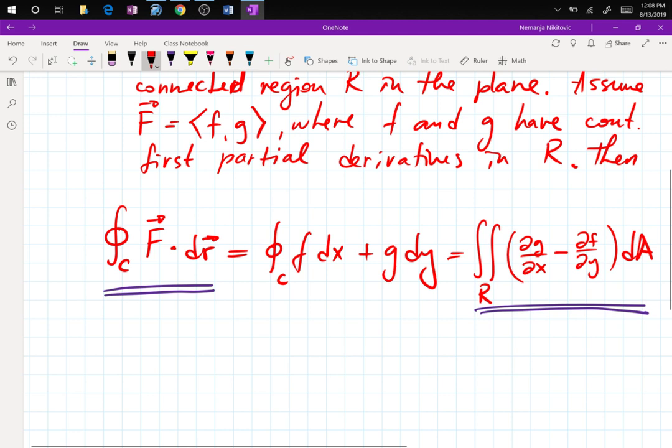We are going from the vector field integral into calculating the area. This is the line integral, and over here you are looking at a single integral canceling with these, so it's still an area above.